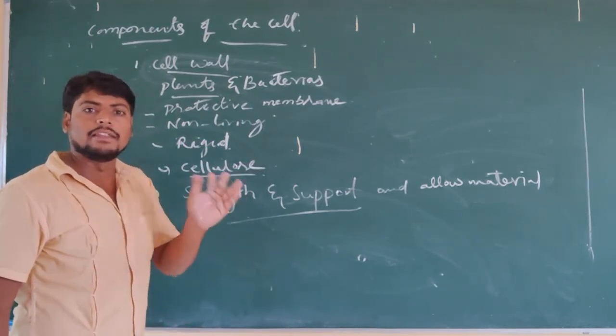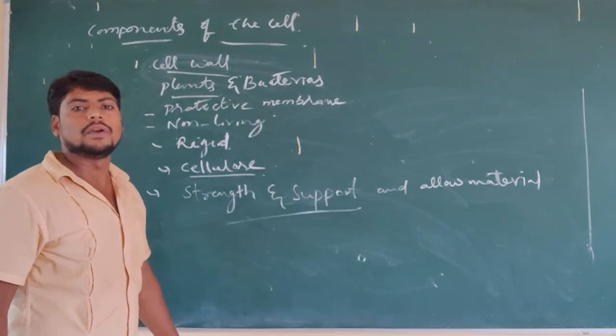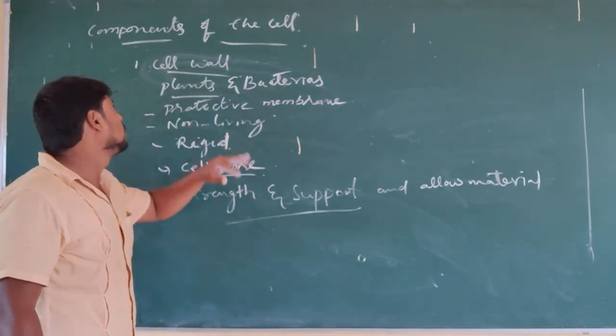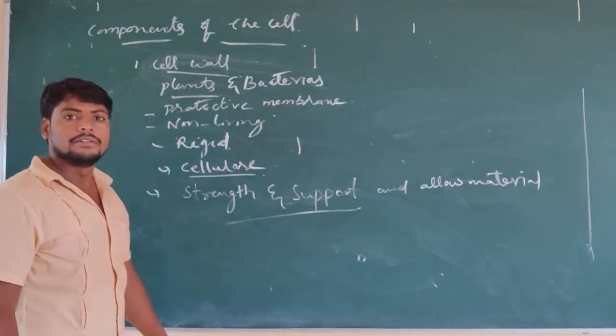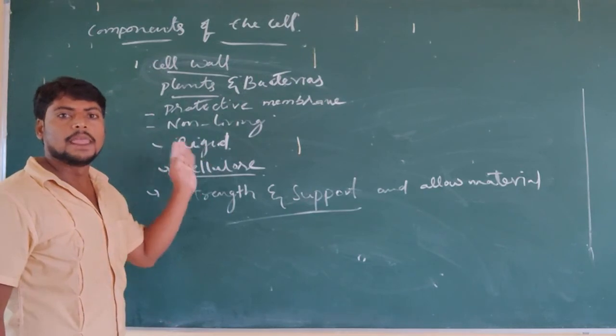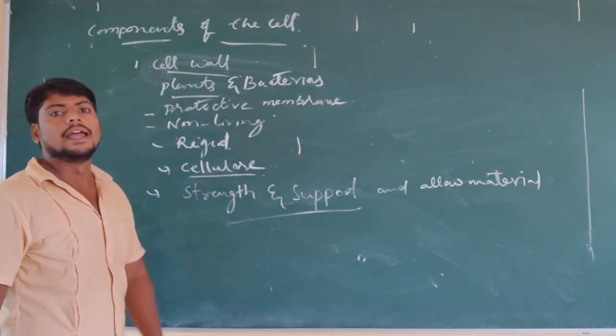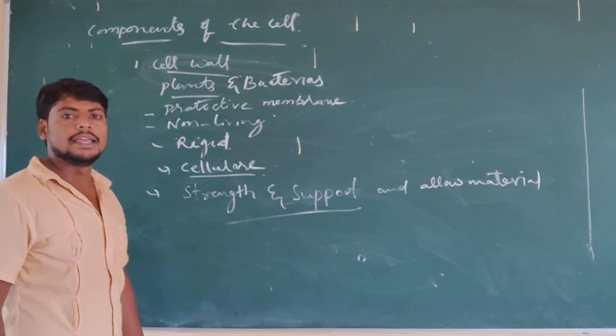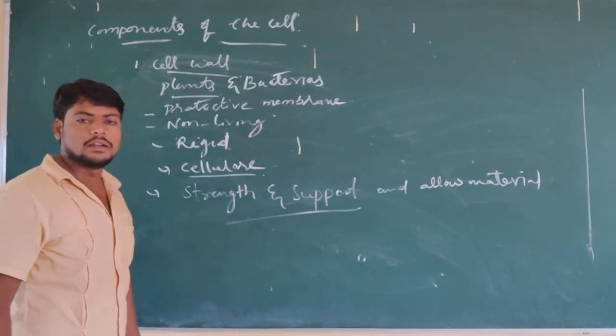From all these, the cell wall protects the cell from any damage. This is about one component of the cell, that is, the cell wall in plants and bacteria, and the plasma membrane in both plants and animals. In the next class, we will discuss another component, the nucleus, and cytoplasm, all those things.